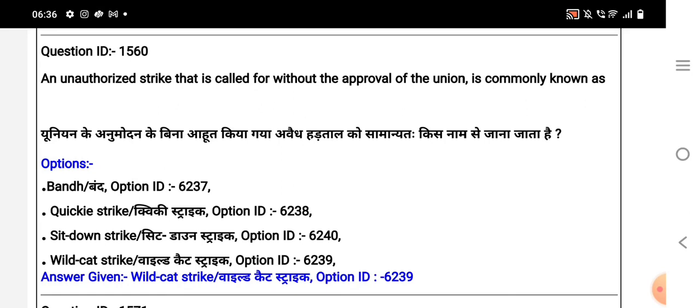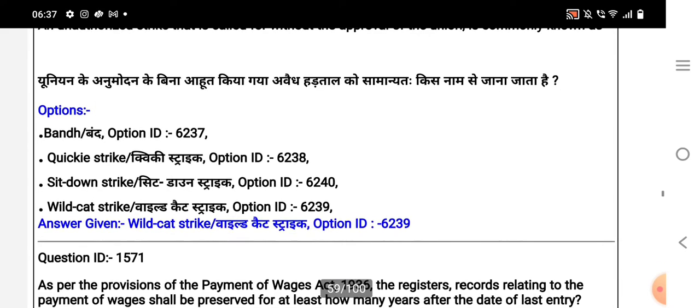Okay, others are also there. So but wildcat strike में क्या होता है कि without giving any notice, without taking any approval of the union, a strike is held. So the right answer of this question is wildcat strike.